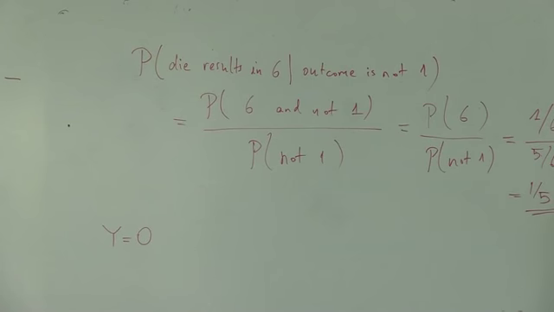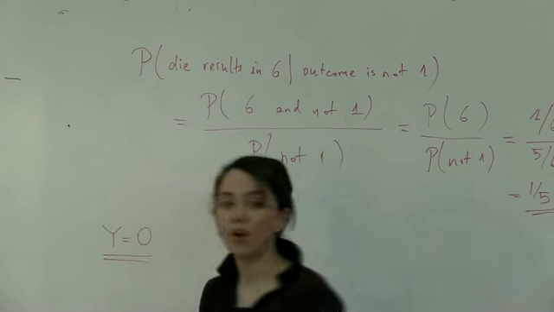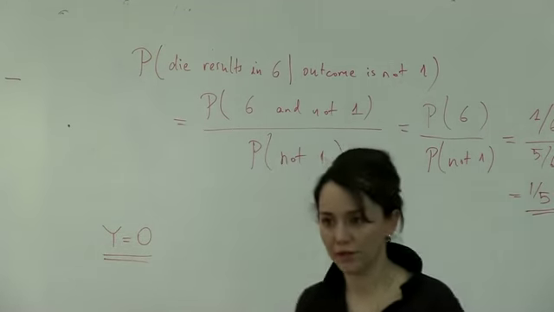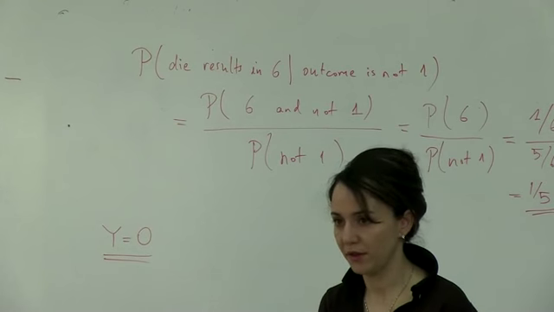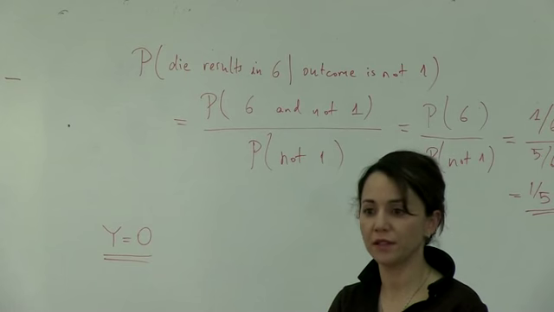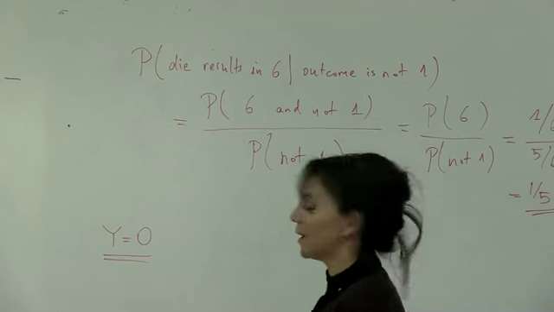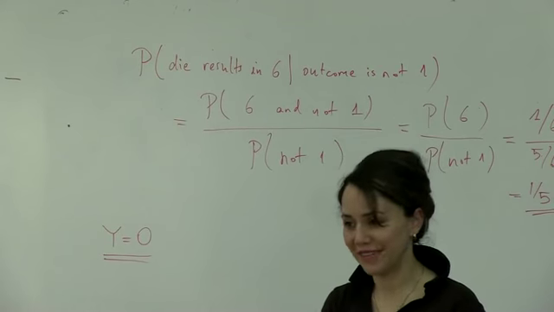So we convinced ourselves that when we condition on not getting a 1, the outcome is 6 with probability 1 in 5, not 1 in 6 anymore. When we know that there are no 1s, the numbers are effectively being selected from 2, 3, 4, 5, 6.